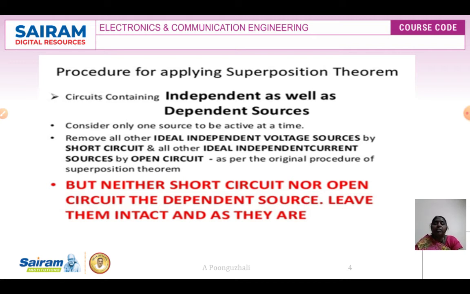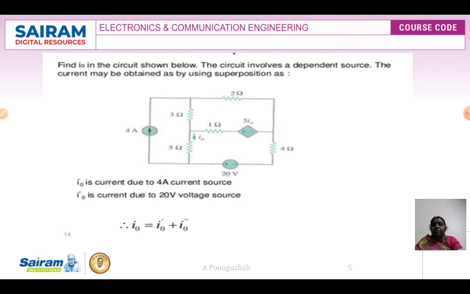So you consider only one source active at a time. Remove all other ideal independent voltage sources by short circuit and all other ideal independent current sources by open circuit. If there is a dependent source, leave the source as such and do the calculations.